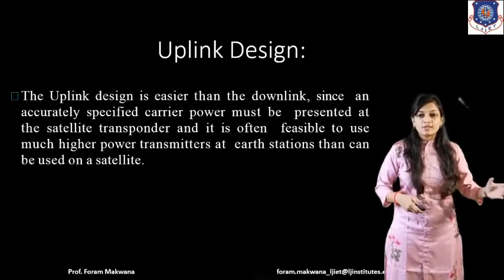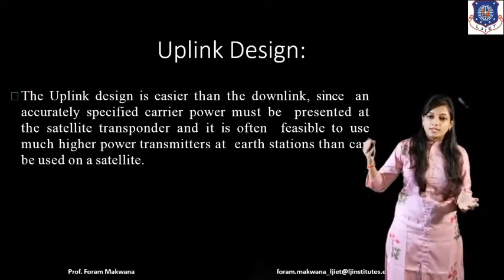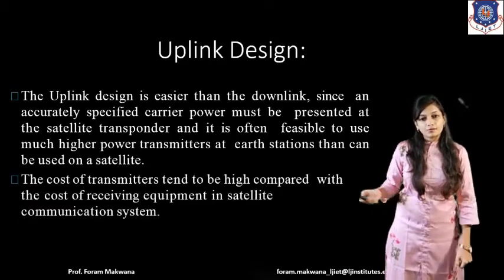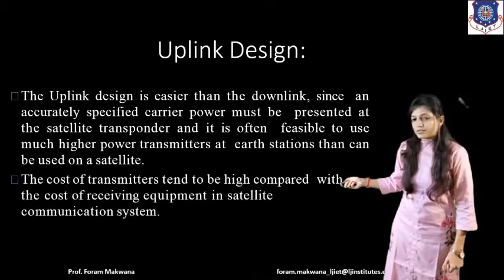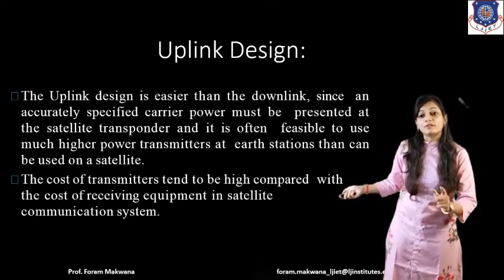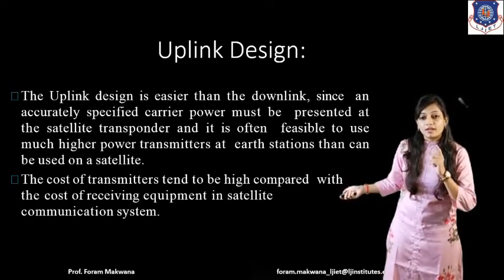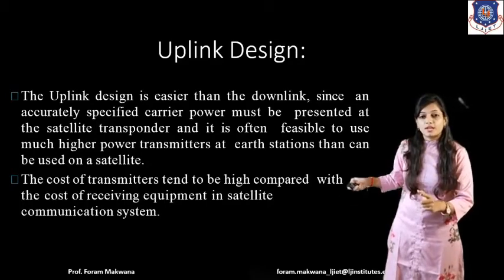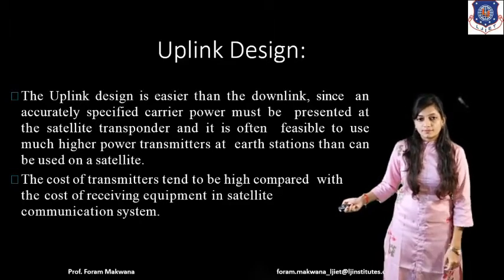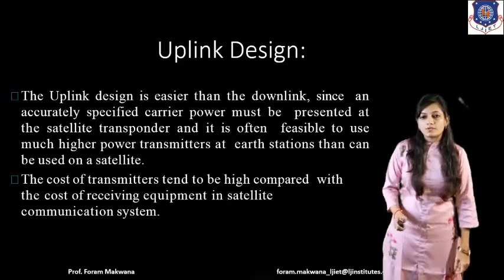So we transmit the high power at the earth station. The cost of the transmitter is also increased, because it uses a high gain, high power amplifier, so it ultimately increases the cost of the system compared to the cost of the receiving equipment.